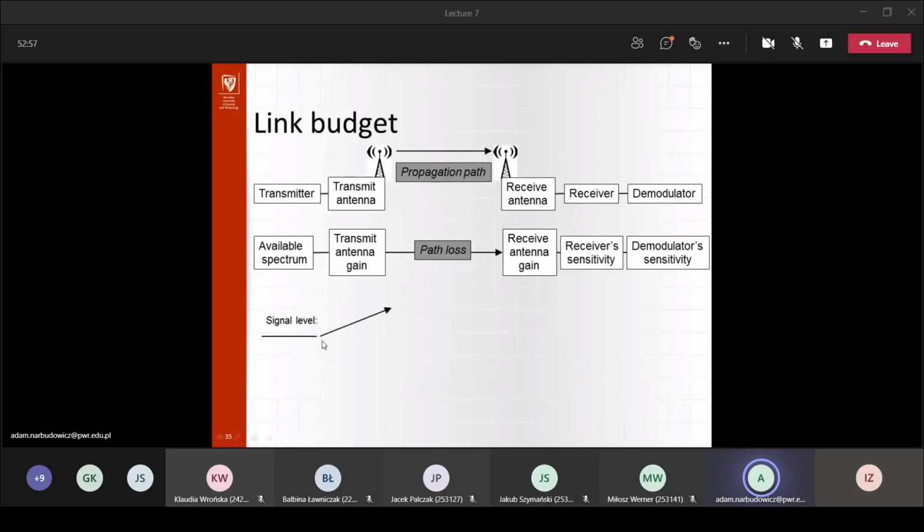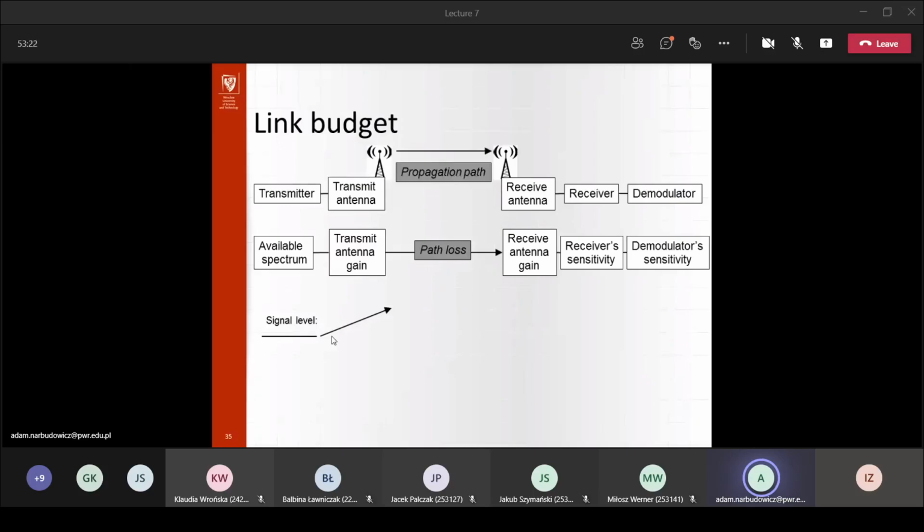So you can focus energy to boost the level of the signal. Not really more energy, that's the wrong term, but you can simply boost your signal in certain directions.